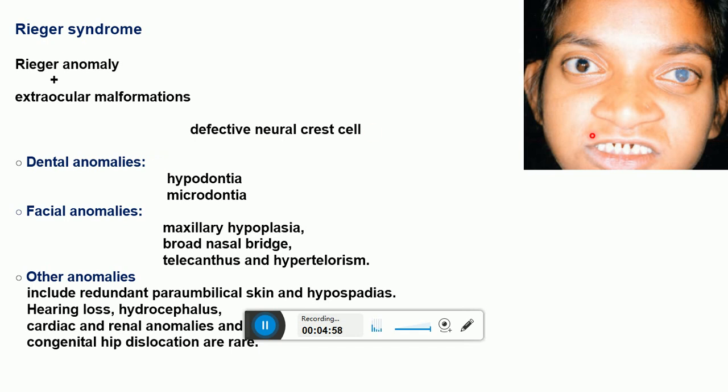So here you can see in the pictures. There are facial anomalies: maxillary hypoplasia, broad nasal bridge, telecanthus, hypertelorism. Other anomalies include redundant paraumbilical skin, hypospadias, hearing loss, hydrocephalus, cardiac and renal anomalies. Congenital hip dislocation is rare.